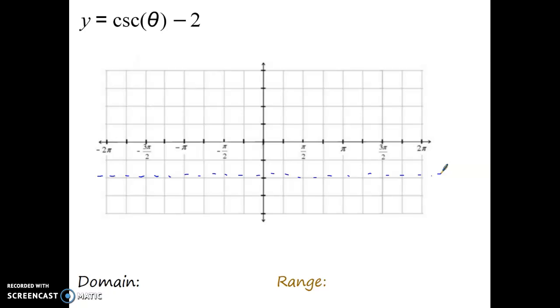I did not shift right or left. I did not change the amplitude. So I'm going to put my dots where sine would be, as if this dotted line were the x-axis. It's going to start at quote-unquote 0, go up 1, and then go down, down again, and then back up.